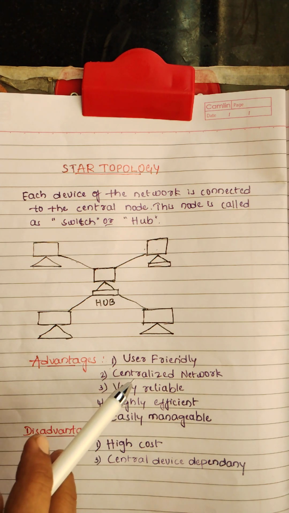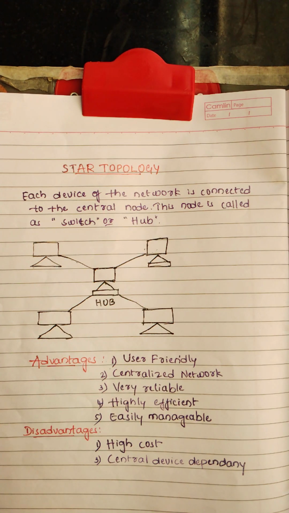And the second one is centralized network. It means that the network is monitored with the help of a centralized management system using the hub or a switch.